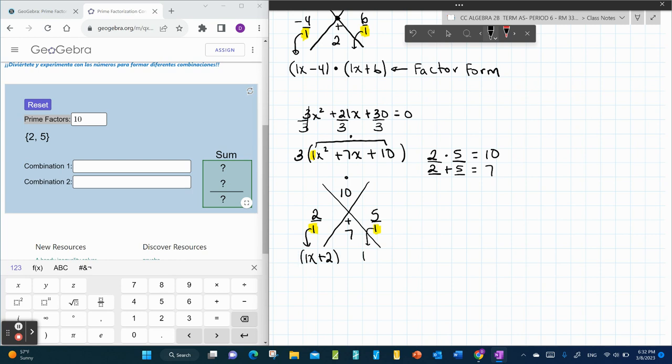In here, 1x and a positive 5, parentheses, multiplication. But because I had factored out originally a 3, I can now put that extra 3 in the front. And this is my second solution. This is now what I call factor form.